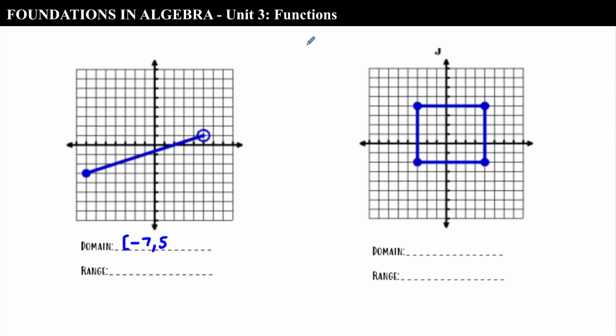And then the 5 is not included because it's an open dot, so we're going to close it off like that. For the range, we look from bottom to top. So -3 on the y-axis going to 1 on the y-axis. We include the -3 because it's solid. We do not include the 1 because it's open.